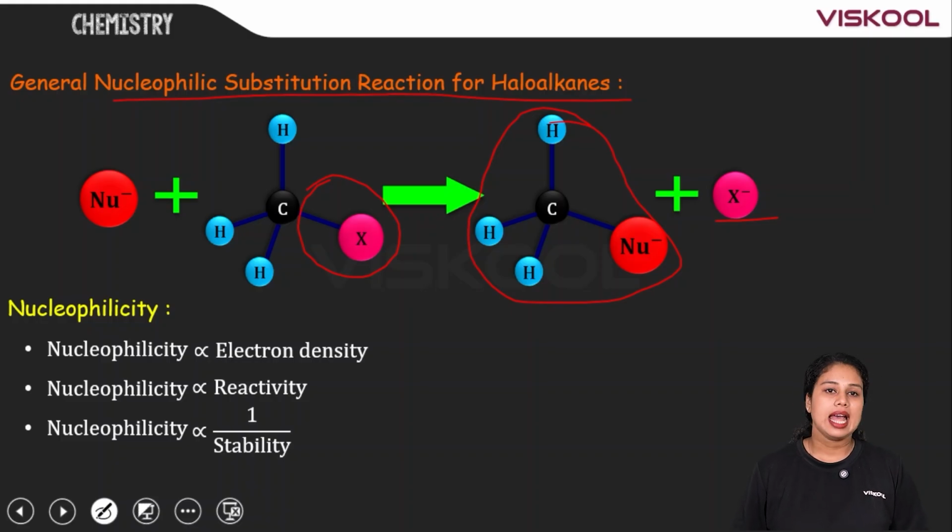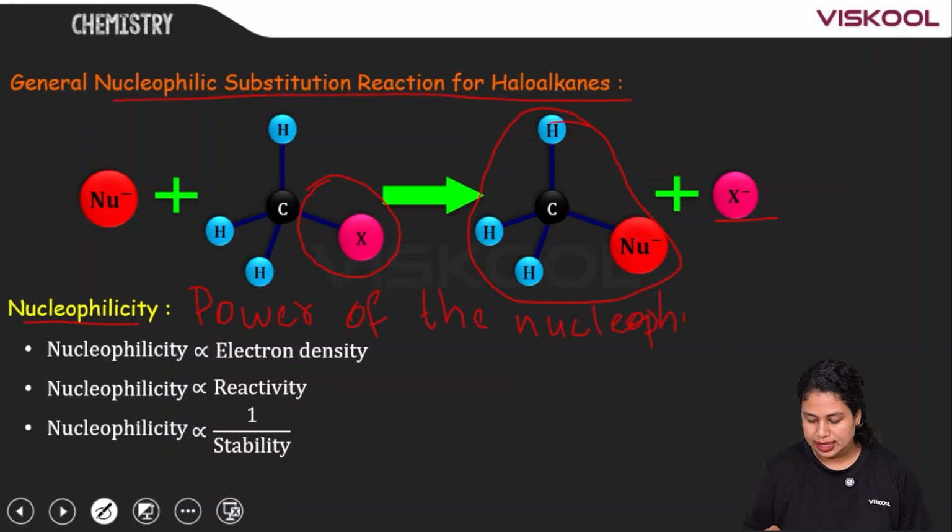Is this clear? And the nucleophilicity. What do you mean by nucleophilicity? Nucleophilicity is the power of the nucleophile to react. Please note down, the power of the nucleophile to react is what we call nucleophilicity.